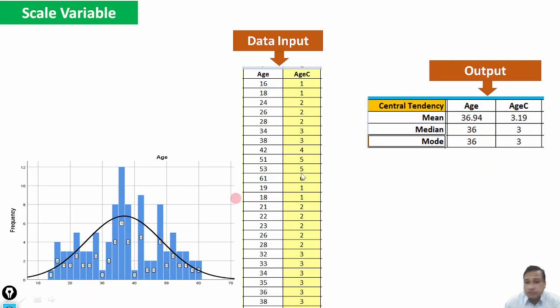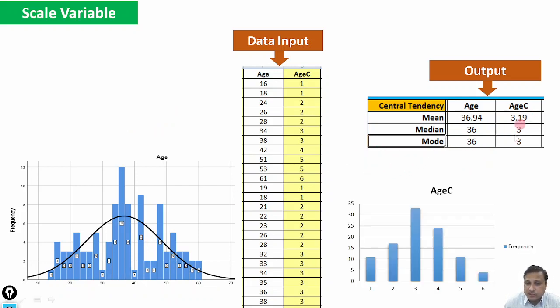Now let me draw the other chart for this age C. Now in this age C, median I can understand, mode also I can understand, but this mean, 3.19, will lie somewhere here. I cannot give meaning to this point.